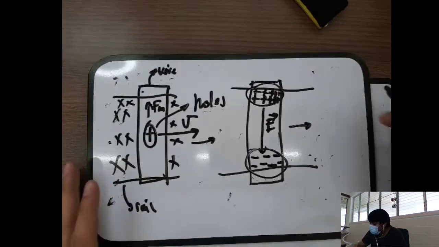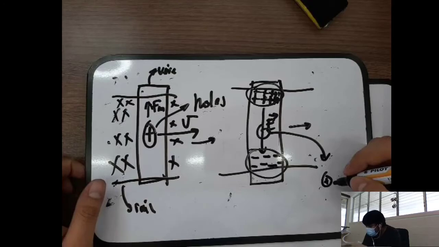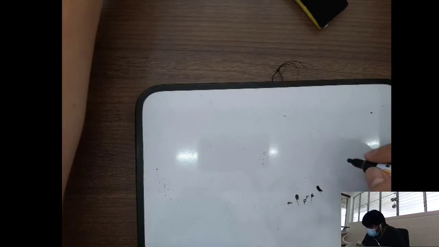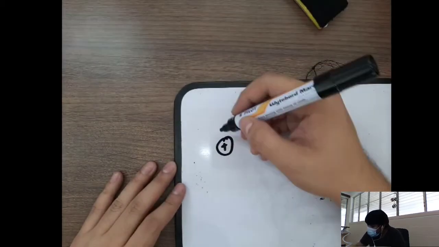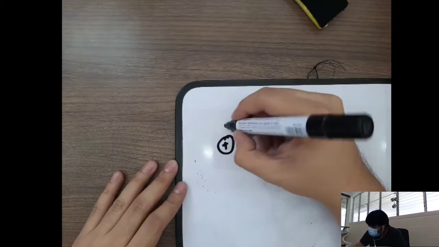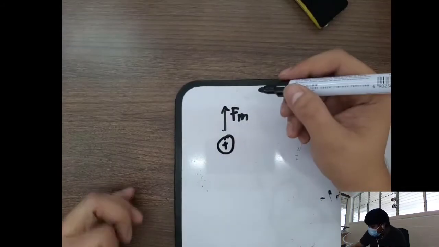Alright, so let's try zooming in here on a single positive charge, a single point charge. This single point charge that I have zoomed in on will experience a magnetic force in accordance with the right-hand rule.